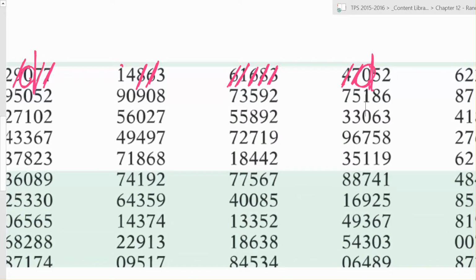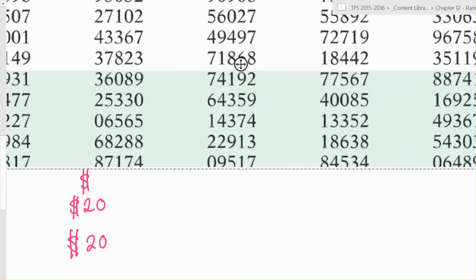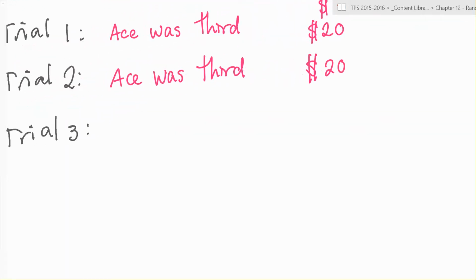So how many cards were selected before that? I had a 1, 4, 3, and then the ace was the fourth card. So I won $10 that time.